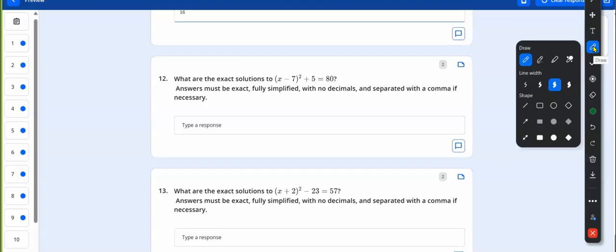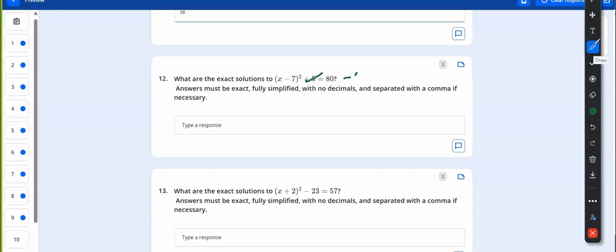The discriminant? Nope. Or would it just be -5? -5. Excellent choice. So now we have x minus 7 squared equals 75.